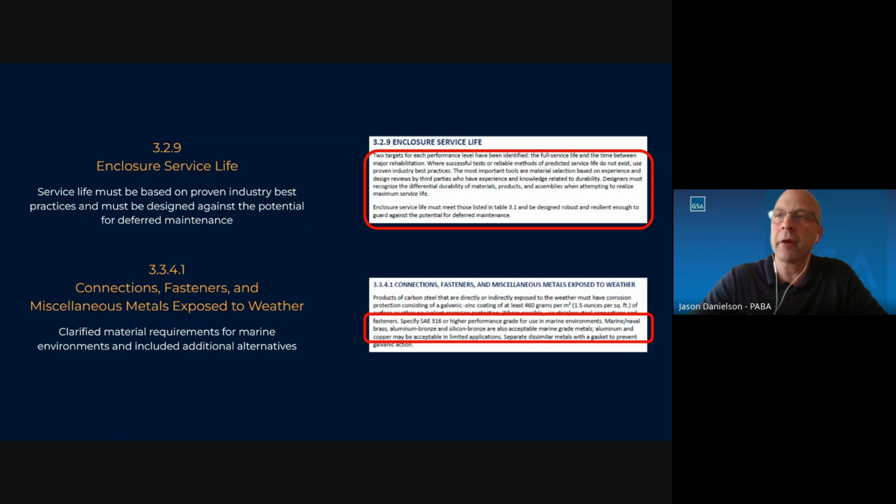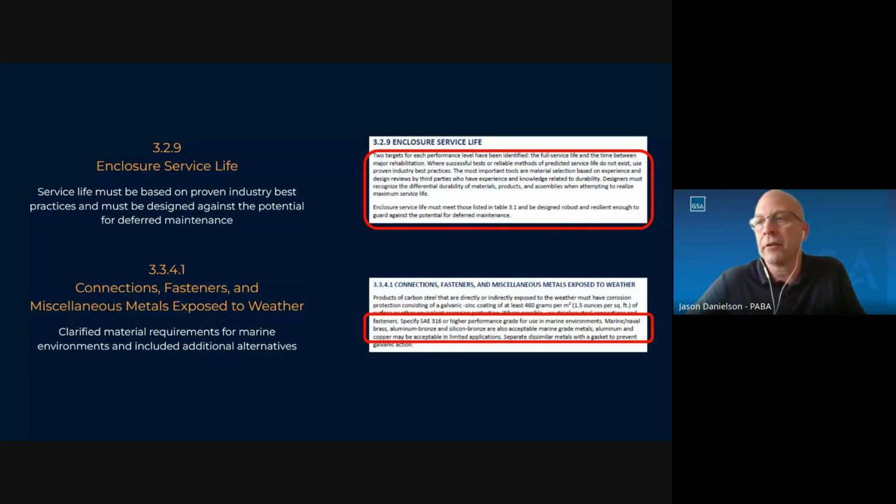So if this is something where we don't have any testing criteria or proven systems, we're trying to do the best we can based on best practices. And it's a little bit ambiguous, but we're just trying to get the appropriate service life and make sure that the systems that we pick support that service life.